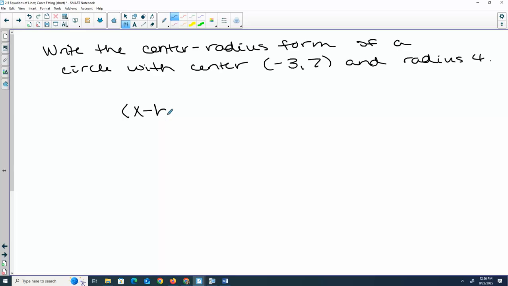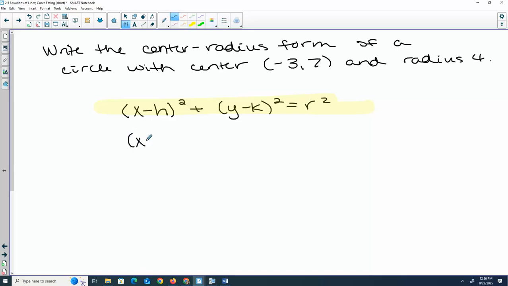x minus h squared plus y minus k squared equals r squared. Okay, I don't care if you don't call it h and k, but you need to know that a circle looks like this.